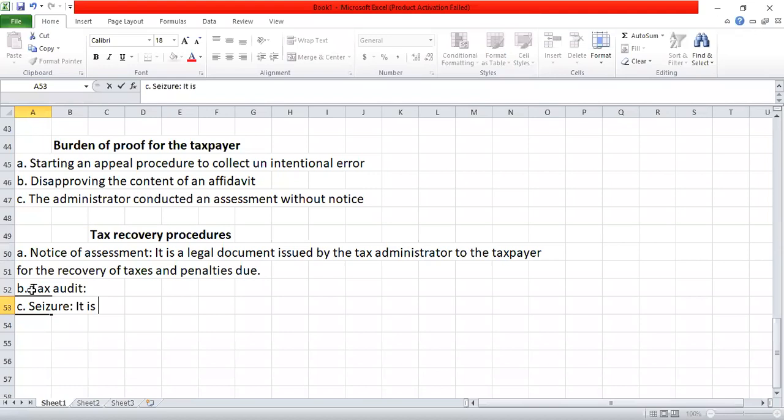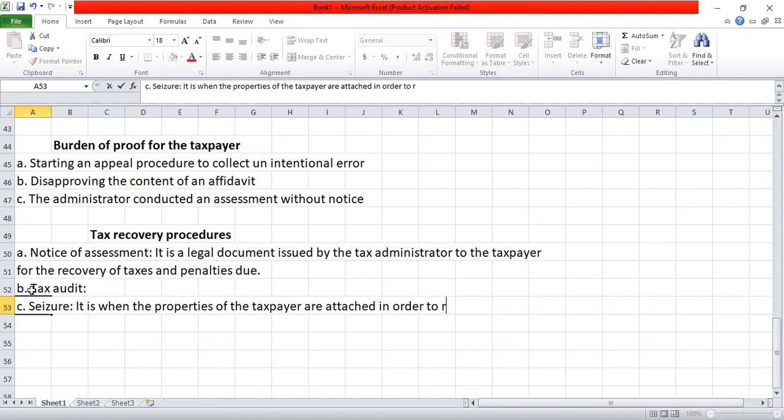It is when the properties of the taxpayer are attached in order to recover taxes.